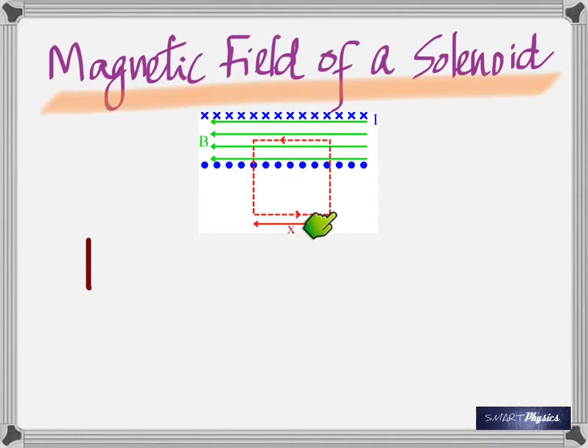Okay. Now let's take these two sides. Be with me. Somebody tell me the direction. You can see the green arrows show the magnetic field. What's the angle between this part of the loop and the magnetic field? 90.